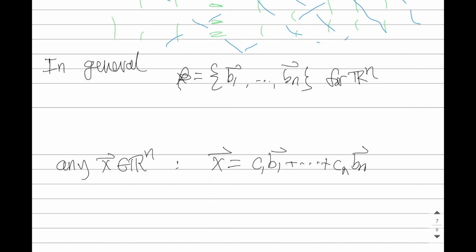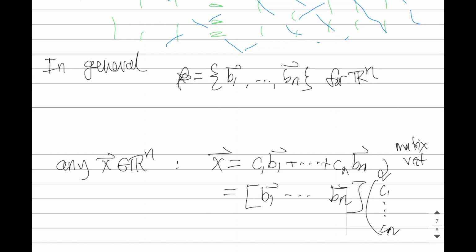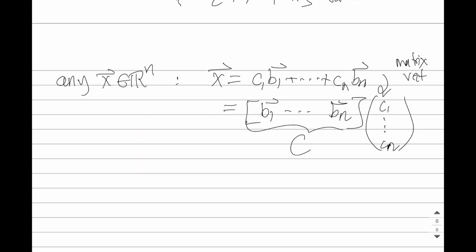Now, by definition of a matrix vector product, I could write this as a matrix that holds the columns and then the weights that hold that information. The matrix that holds these basis vectors, I'm going to denote it with a C subscript B. And by our definition, this vector is the vector of coordinates of x in this basis. So we've got x is CB times this.